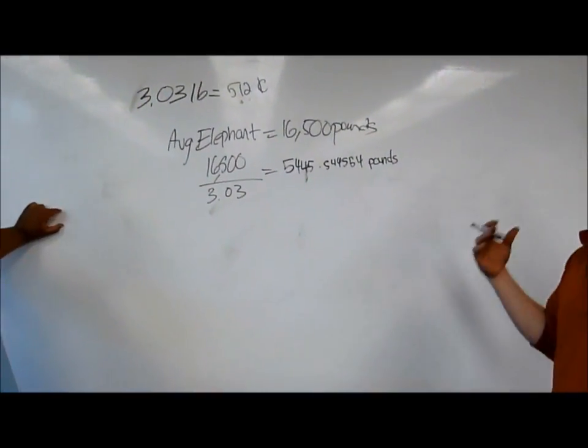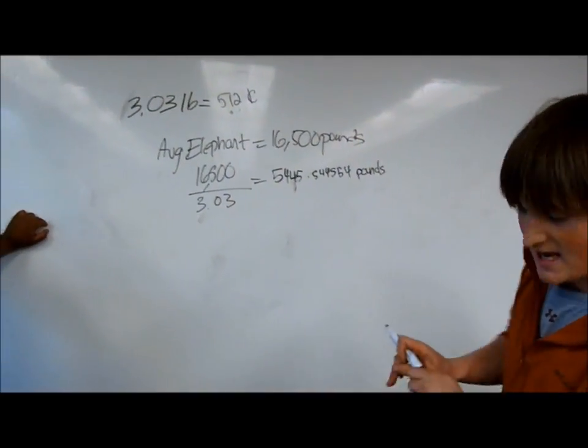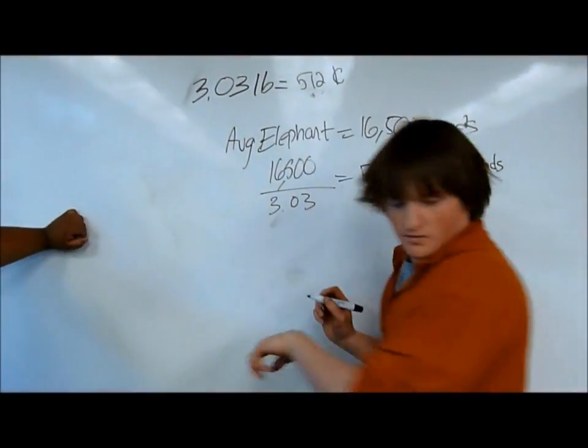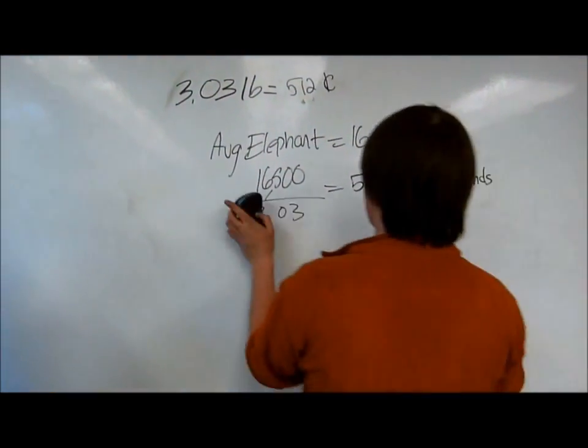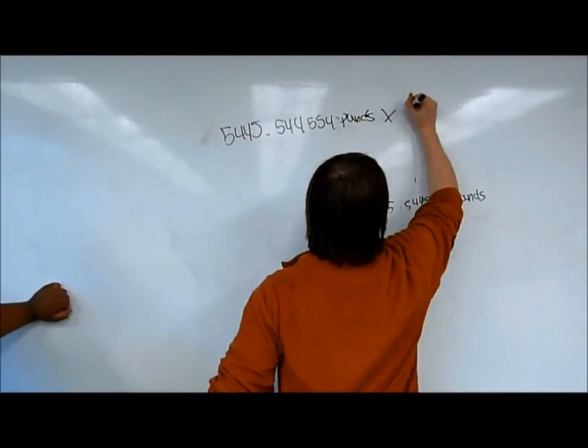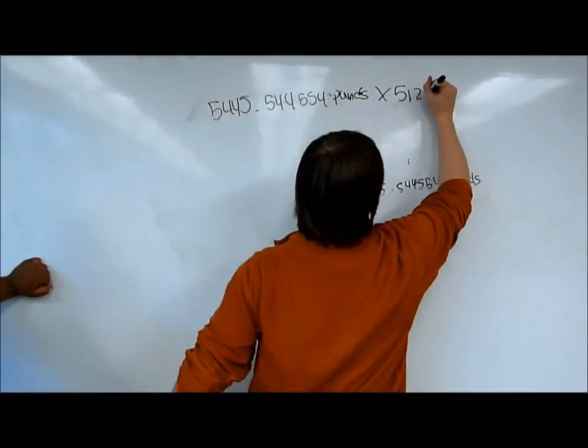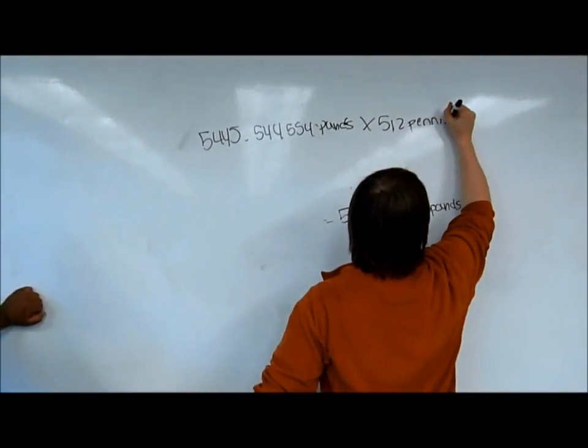And then from here, we want to take this 5,445 and multiply it by 512 pennies.